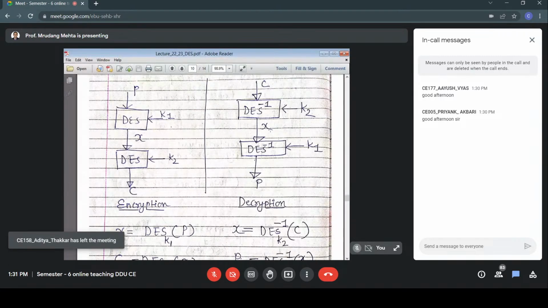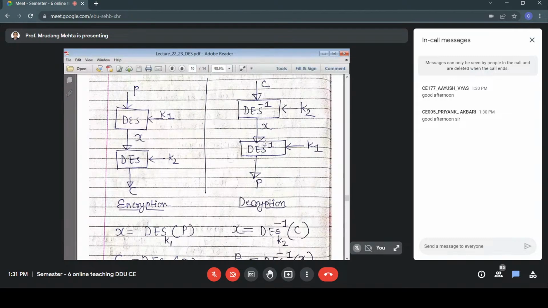Now decryption, see decryption, DES inverse. So this ciphertext goes through DES inverse, that is the decryption block, with key K2, and then it produces some intermediate output, that is X. That is again plain text, but this is not the actual plain text because we have to go through 2 rounds of decryption.